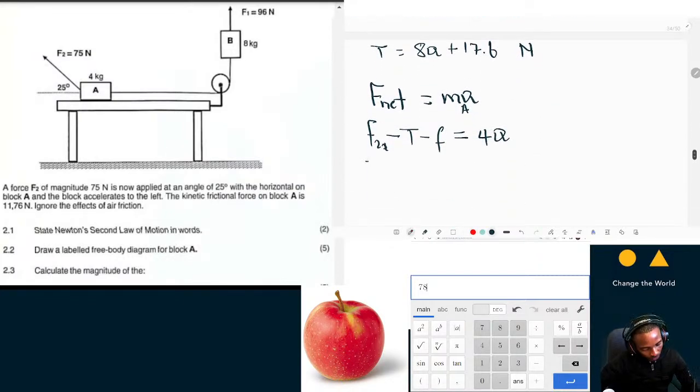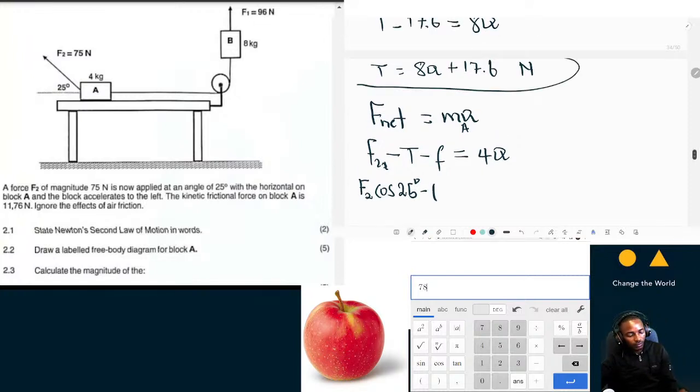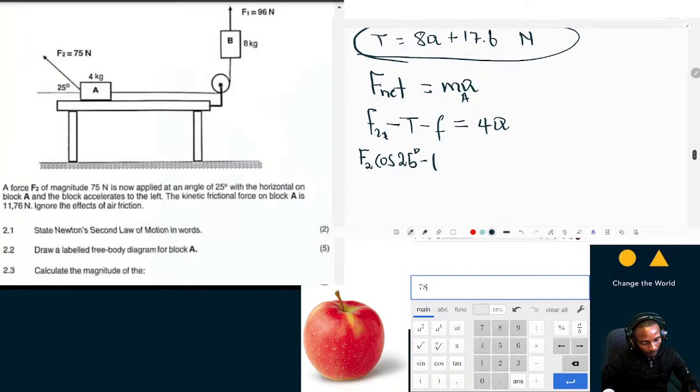So F2 cosine of 25 degrees minus tension. We know the tension, it is that one over there: 8a plus 17.6. Minus the frictional force, which was given to be 11.76 newtons.